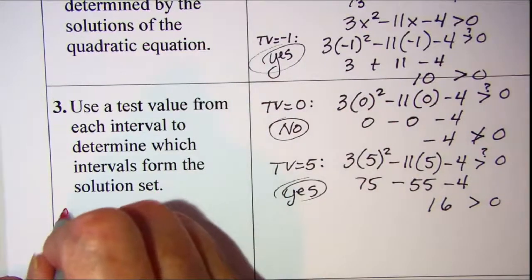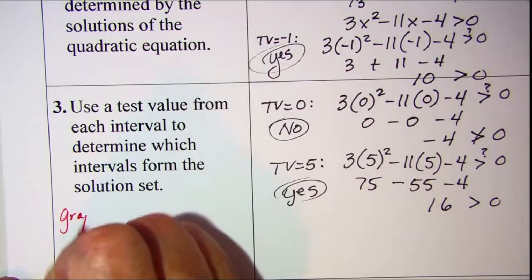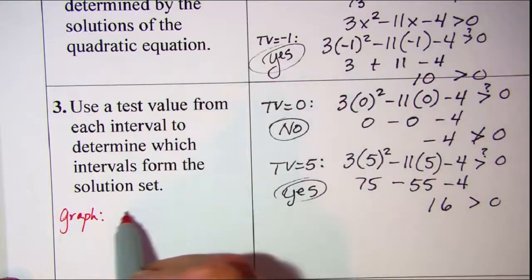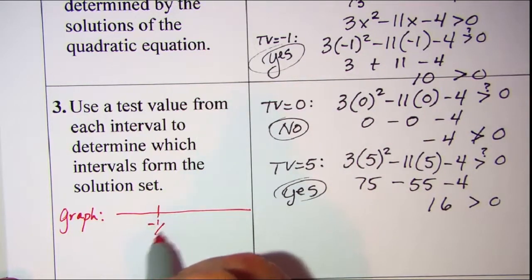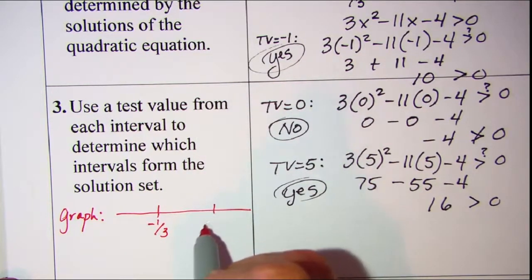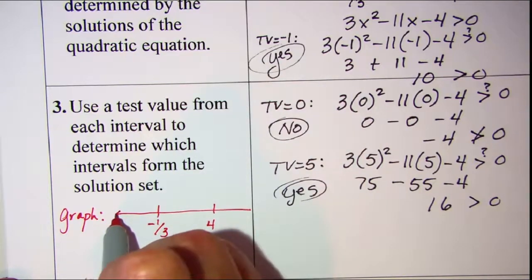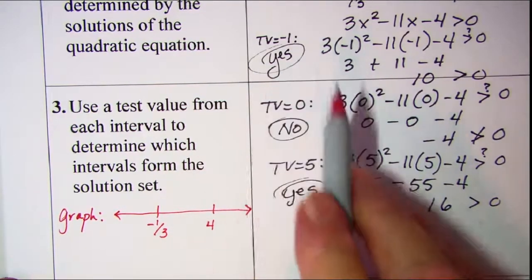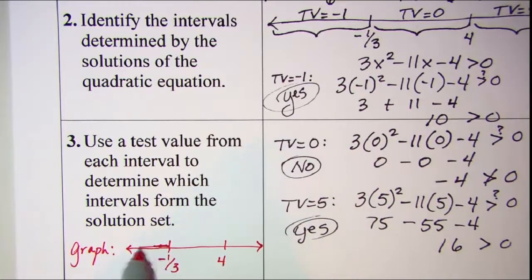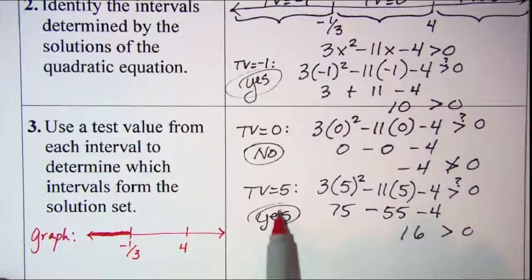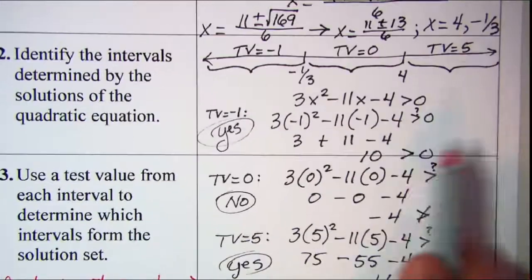One way to show a solution for an inequality is with a graph. So let me draw my points in here. -1/3 and 4 were the boundaries. I said that this interval works, so I'll be shading those numbers in. I also know that the interval with the test value of 5 works, so that's numbers greater than 4.